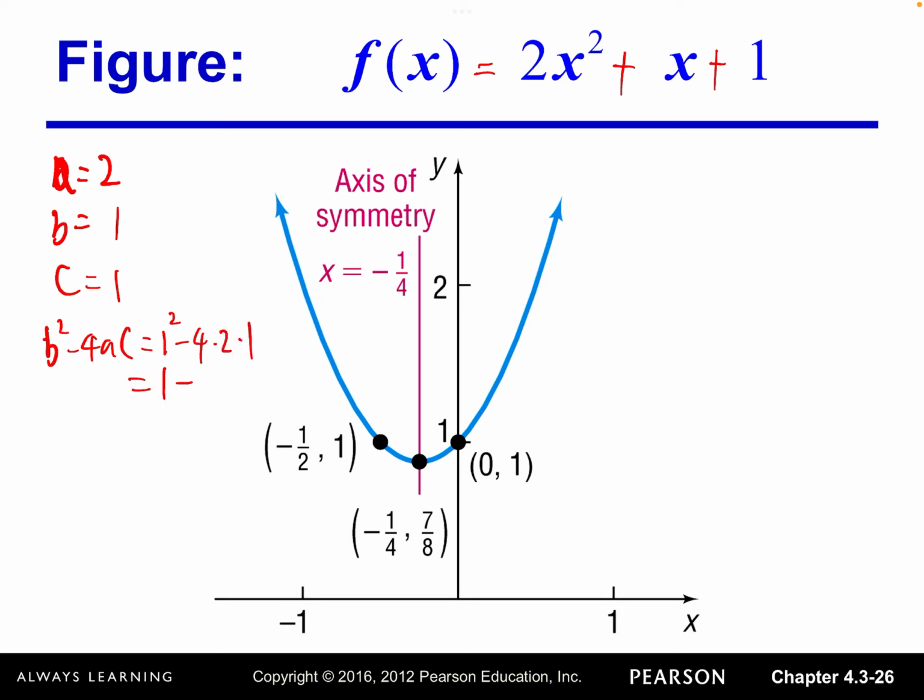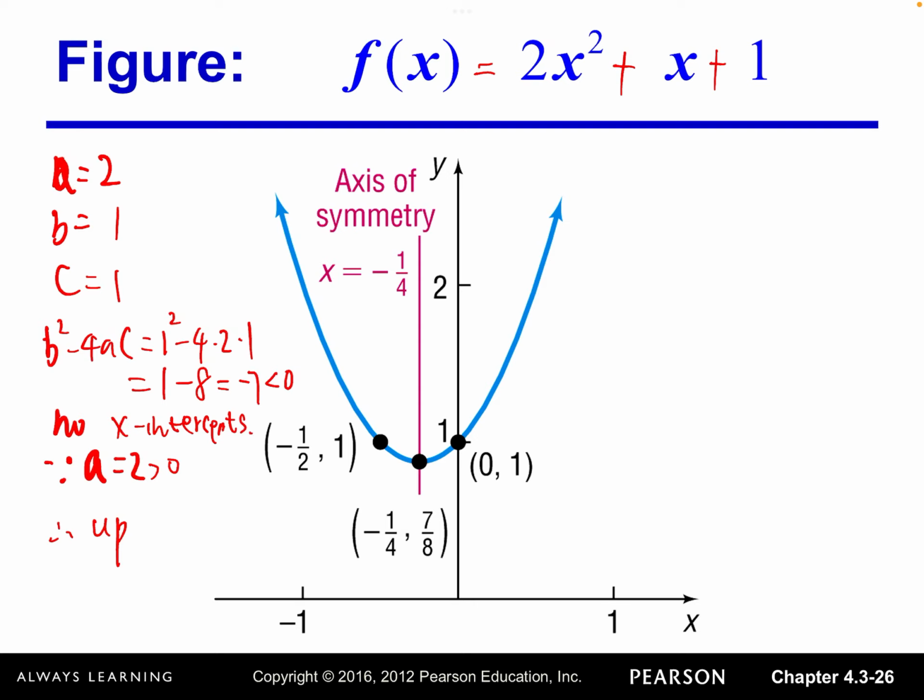That's 1 minus 8, which equals negative 7. Negative 7 is less than 0. And because the leading coefficient a equals 2 is greater than 0, the parabola opens up, right? So the discriminant is less than 0, that means no x-intercepts. The parabola doesn't cross or touch the x-axis.